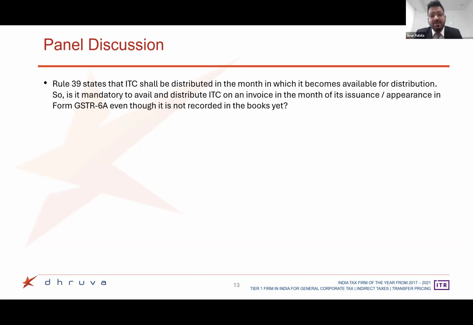Correct. And to add, as soon as you put that invoice in the table of becoming available for distribution, in the same month you'll have to distribute it. So one has to be careful: just because I'm seeing something in GSTR 6A doesn't mean it has to automatically travel to table 3. I'll have to reconcile with my books and then decide what goes in my table 3.